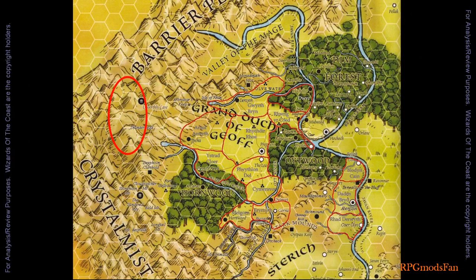The background and plot hook of the module is as follows. Mysterious attacks from monsters never seen before have devastated the lands in the Grand Duchy of Gygax. These weird-looking monsters were coming from the mountains known as the Barrier Peaks.